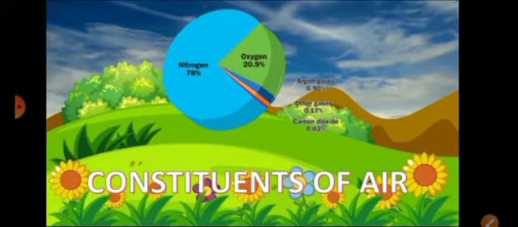Green plants produce oxygen during photosynthesis. In this way, the oxygen content in the air remains constant. If we cut trees, then this balance gets disturbed. Carbon dioxide is another important gas.